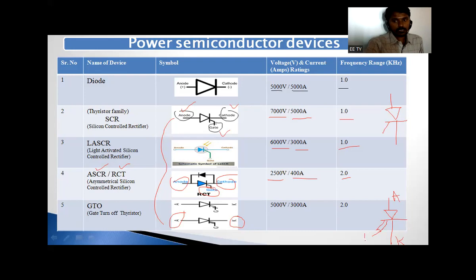And what is this? Gate. So what is the difference? In the case of a GTO, the current can flow in both directions through the gate circuit. But in an SCR, the current can flow in only one direction through the gate circuit. That is a small difference. That's why it is represented like this, as current can flow in both directions. Can you see it here? In the symbol, a small difference is there. So please remember.